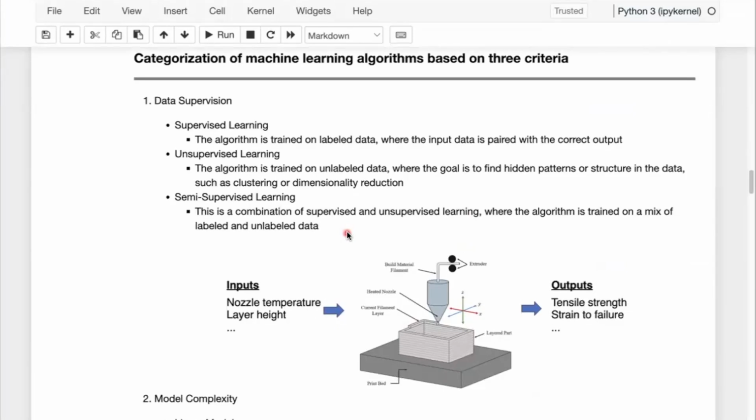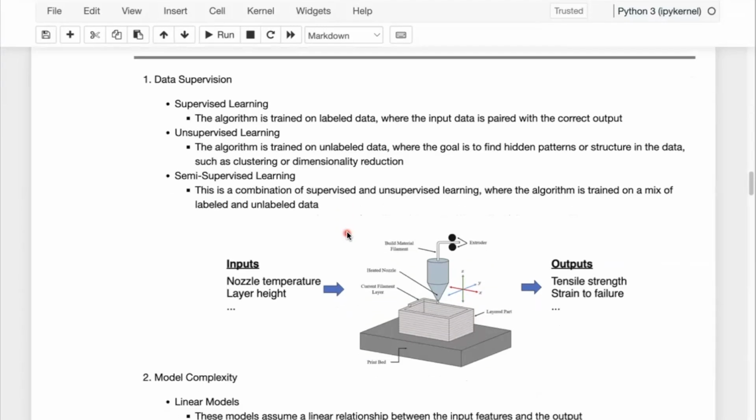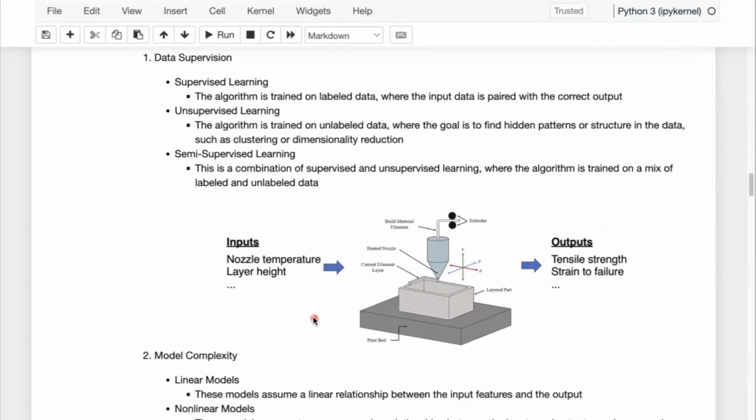This is a combination of supervised and unsupervised learning. So this means that usually you have a small amount of labeled data, and then you have a lot of unlabeled data. One of the applications of this, why this can be important, is that let's say you want to develop a machine learning system for a manufacturing problem to predict some mechanical properties of items that you are printing.